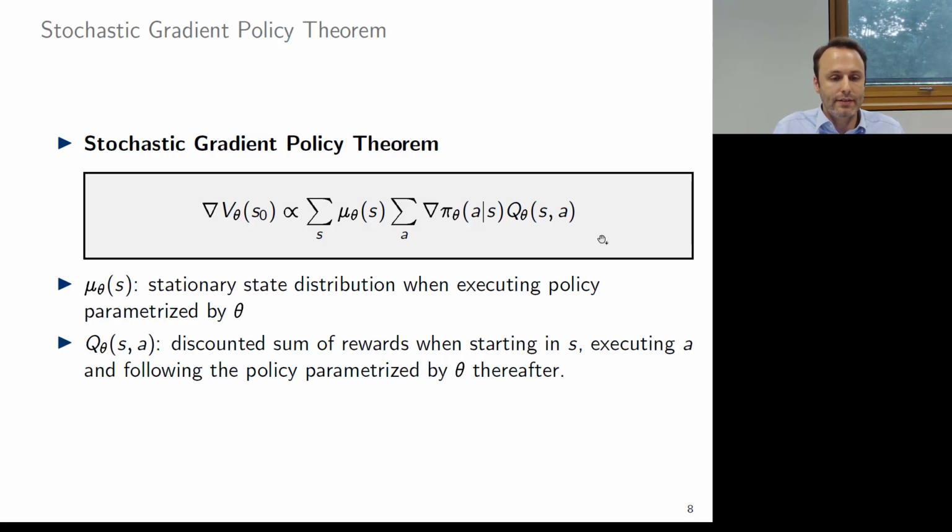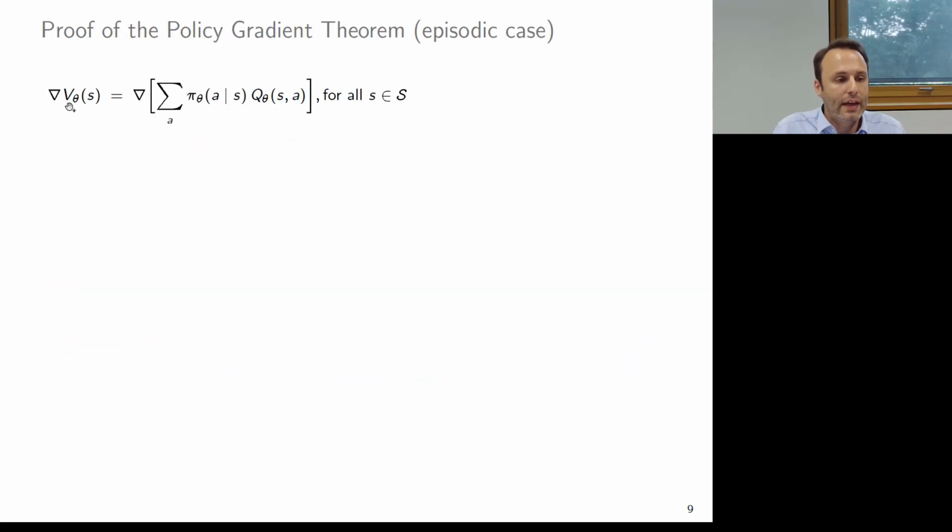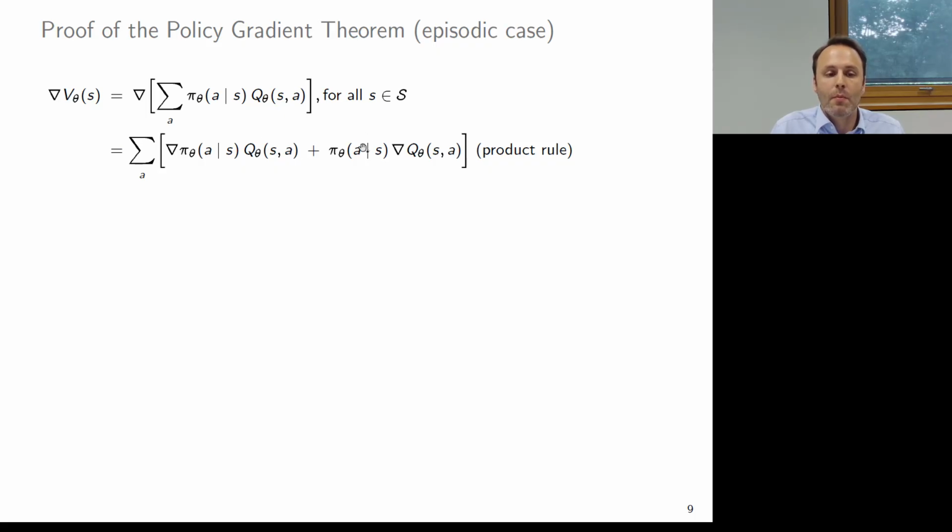Now, to understand this a little bit better, let's take a look at the gradient of the value function. And we can rewrite this as the sum over all the actions and the product of the policy and the Q value for each state. And now, if we take the gradient, we can use the product rule, so we get the gradient of the policy times the Q value plus the policy times the gradient of the Q value for all the actions. So we sum that up.